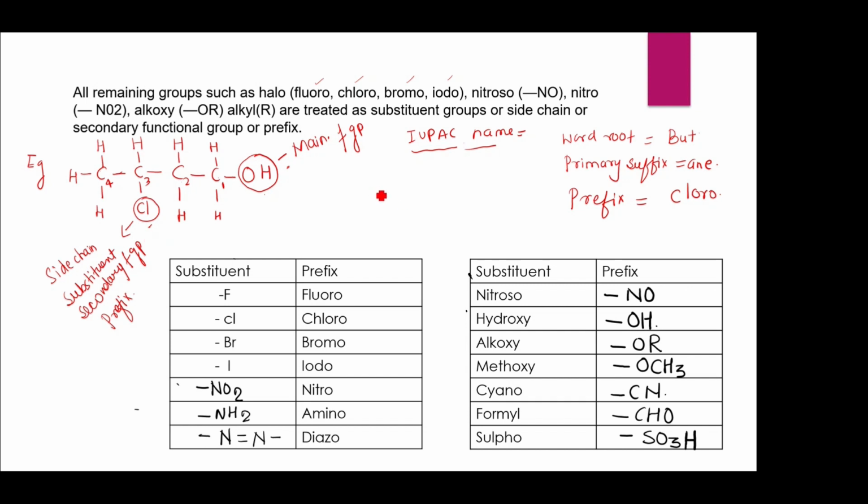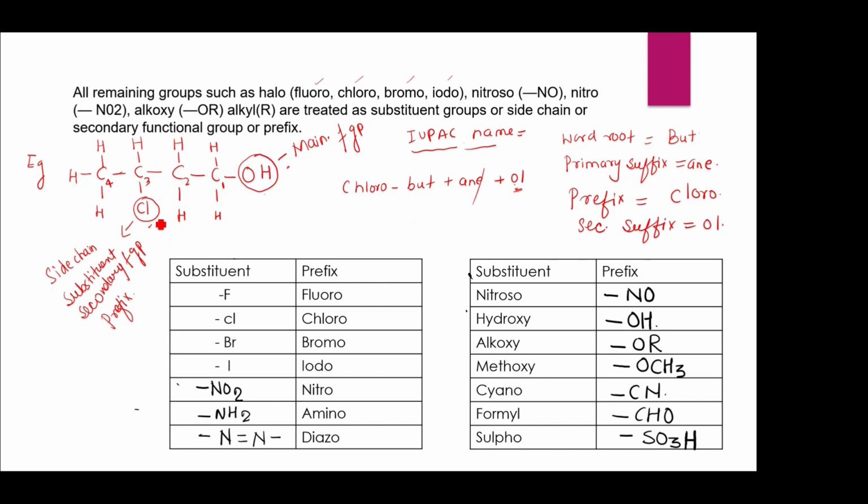So first the name will be chloro, then but plus ane plus ol. Here the secondary suffix, that is the main functional group, is ol. The secondary suffix of the main functional group starts with vowel O, so the E of the ane will be dropped. So the name of the compound will be chlorobutanol.